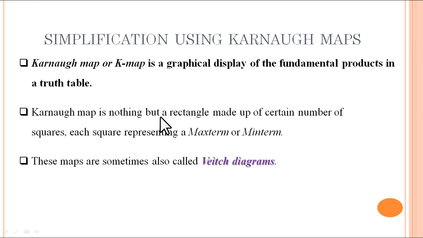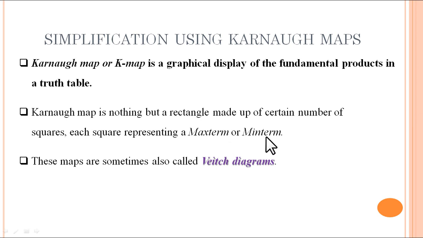A K-map is nothing but a rectangle which is made up of a certain number of squares, where each square represents either a max term or a min term. So each box in the rectangle represents a max term or a min term.